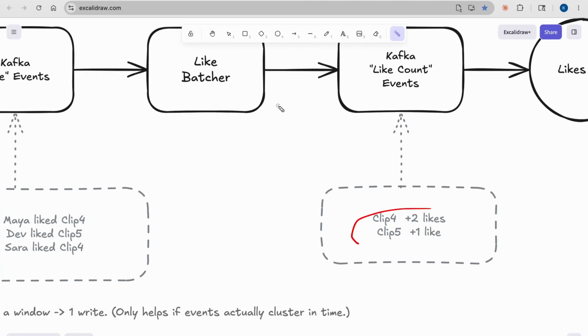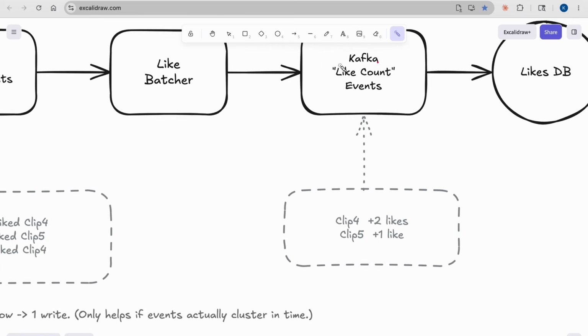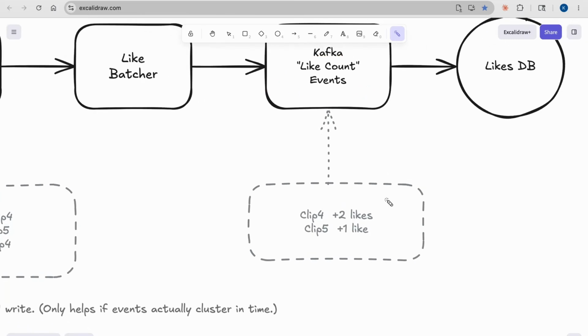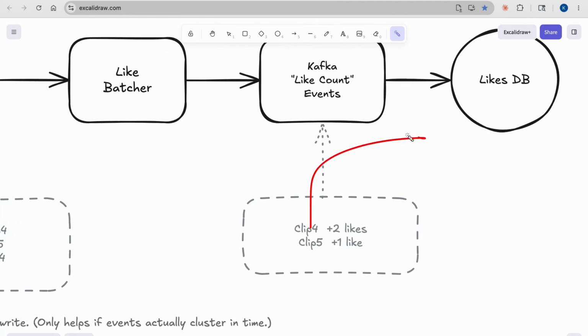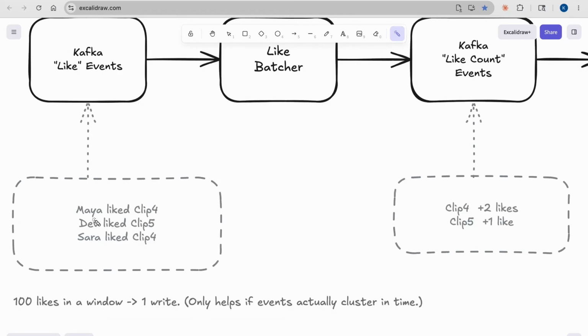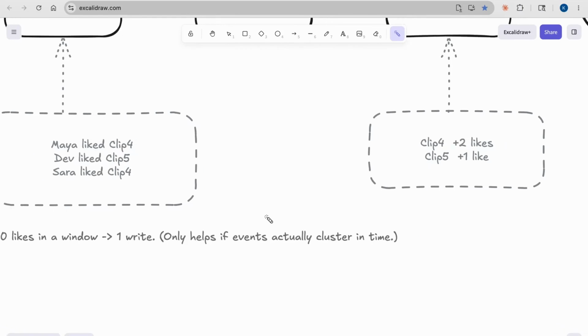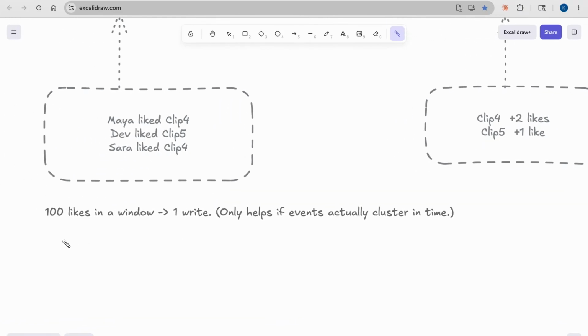So the count is what really matters for us. The batcher can keep these count events, and we update the counter for that video once, instead of every time a person likes that clip. Over a time window, say 1 minute, whatever likes have been received for that clip, we apply at once.